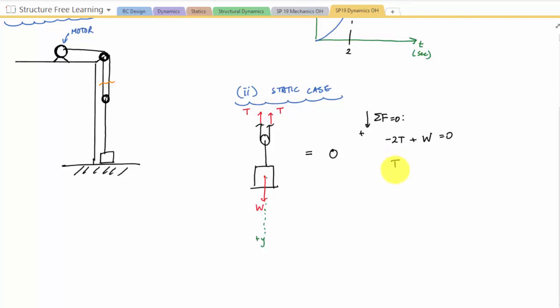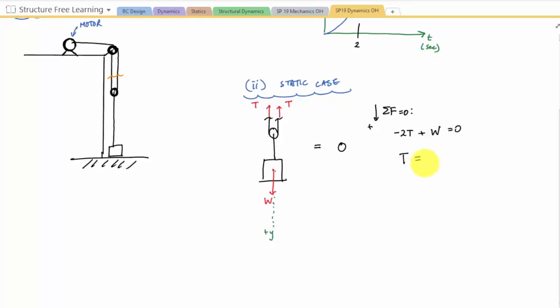That tells me the force I need in the rope, the tension, is W over 2, which is 400 kilograms times 9.81 meters per second squared divided by 2. That would be 200 times 9.81.